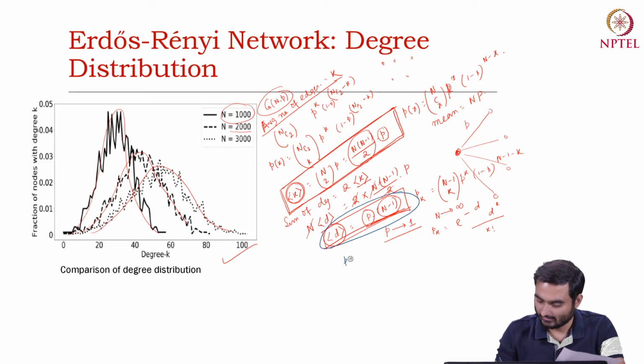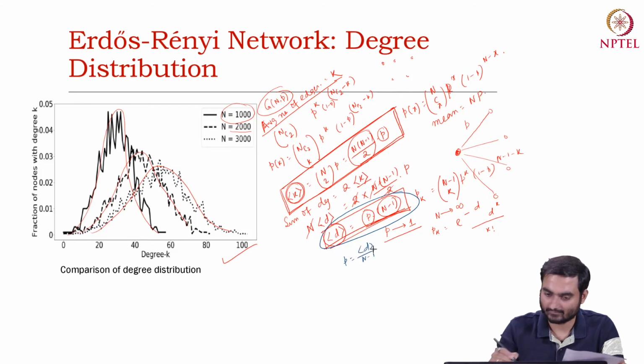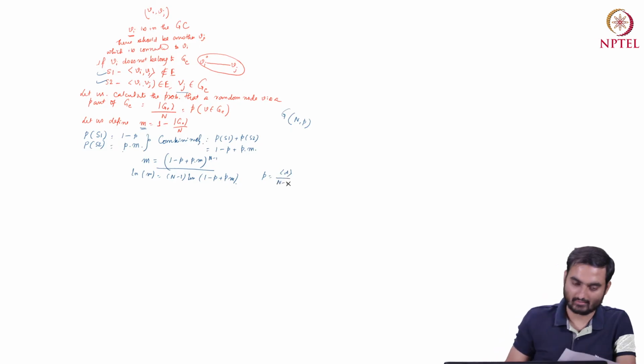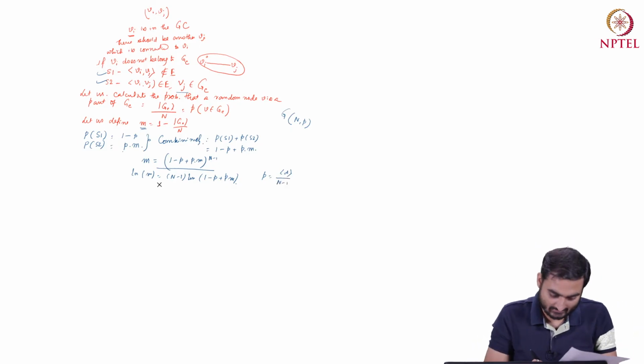So P is D by n minus 1. Let us replace it here. We'll have n minus 1 times log of 1 minus, taking it common, D by n minus 1 times 1 minus M.